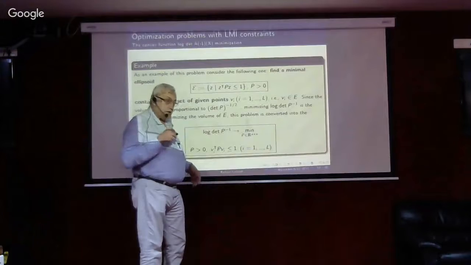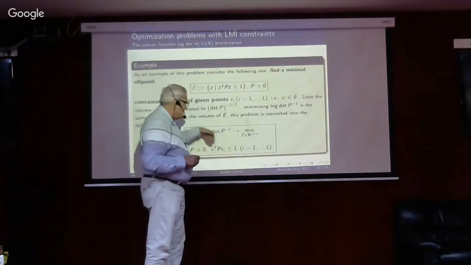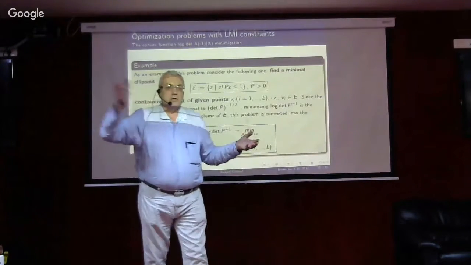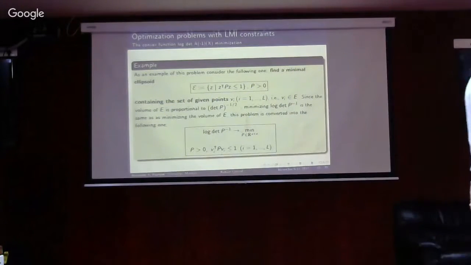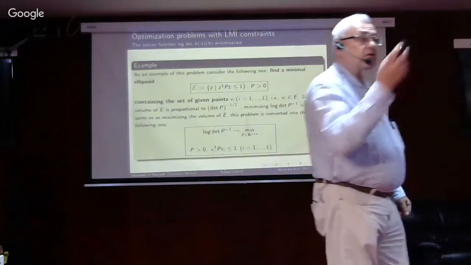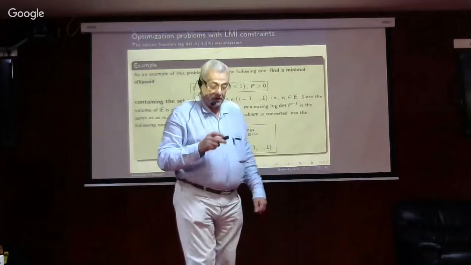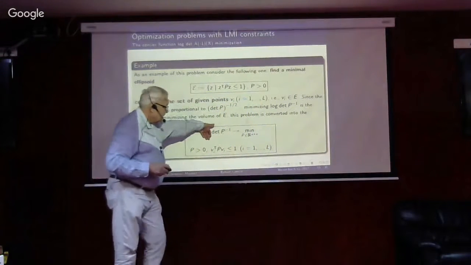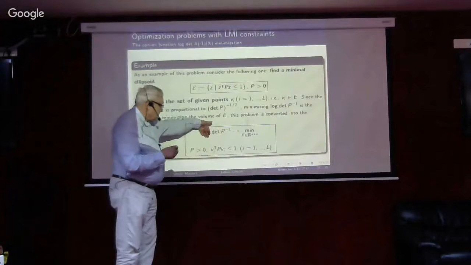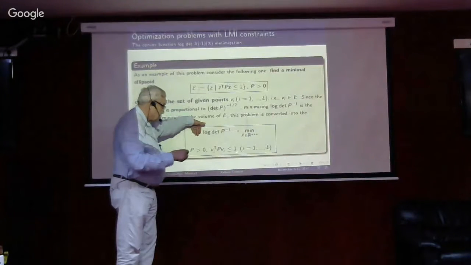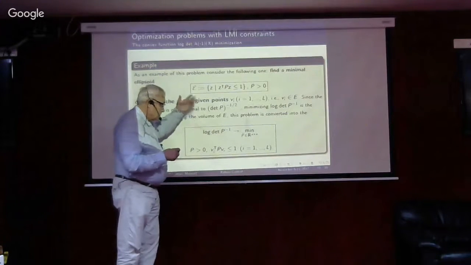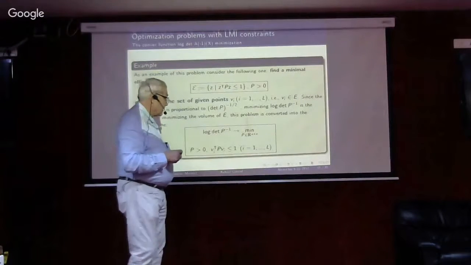The determinant is a product. So minimize this. The logarithm is only scaling, only a normalization of the parameter. Any monotonic function you can consider instead of the logarithm. If we minimize this, it is the same, because the logarithm is monotonic, with these constraints and P more than 0, we exactly resolve this problem.